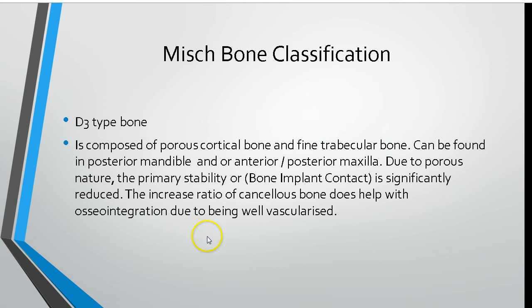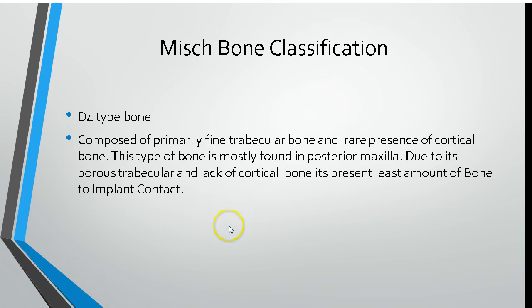So this is a time where you think, maybe we should not immediately load this implant because it lacks that primary stability. But after it's healed, we can expect a good result because there was good trabecular bone and you had good healing due to good vascular supply.